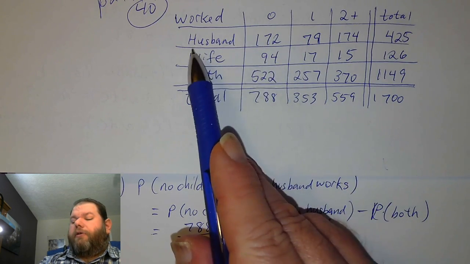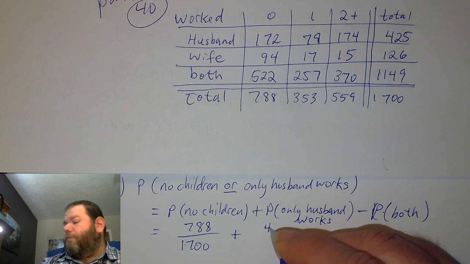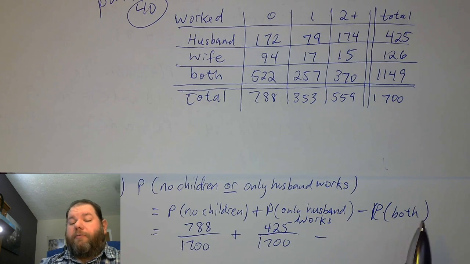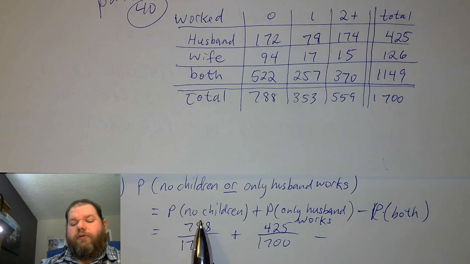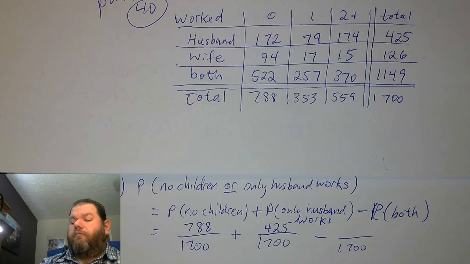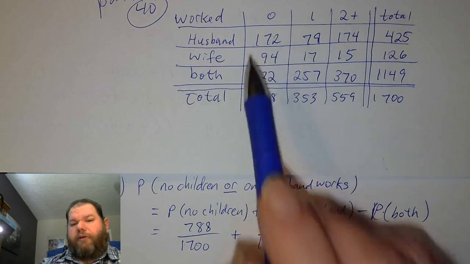Only the husband working. We look at that row. We come up with 425 out of 1700. And finally, in how many couples were both of those things true, where they have no children and only the husband works? So again, the intersection of those two, basically where do those row and column overlap? And so we look at 0 children and then only the husband working. That's the 172 right there.